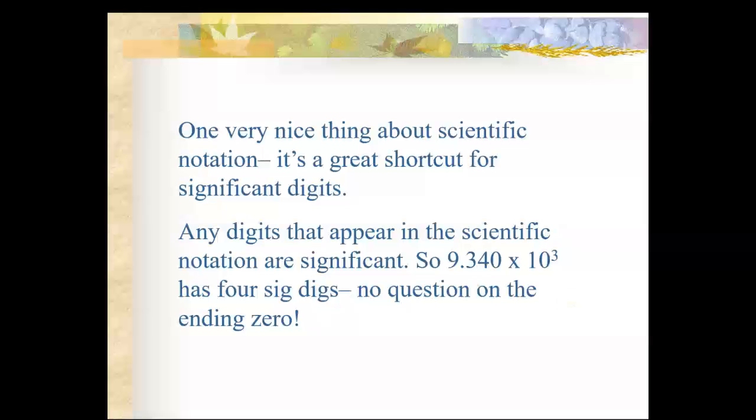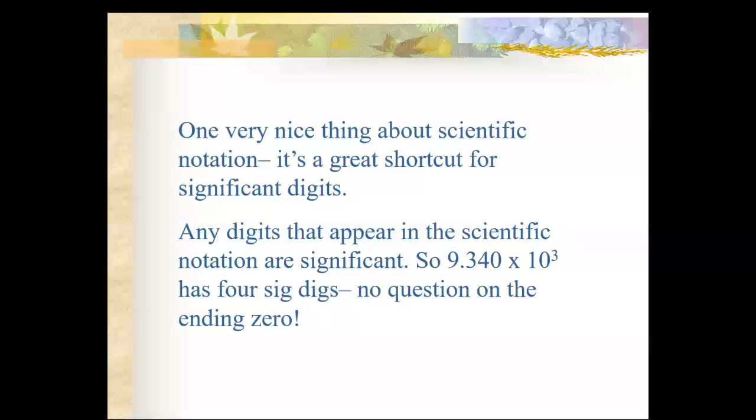And one nice thing about scientific notation is that you can count significant digits very easily, because you count the digits that are in that first number. Anything that appears in there are significant digits. So 9.340 times 10 to the third, 4 significant digits.